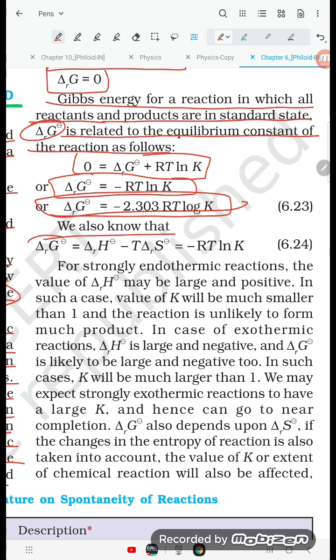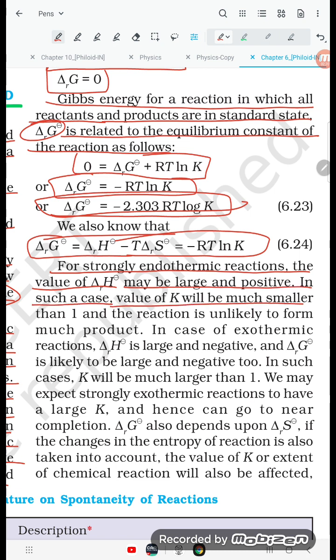We know that delta G naught is equal to delta rH naught minus T delta rS naught, equal to minus RT ln K. For a strongly endothermic reaction, the value of delta rH may be large and positive. In such a case, the value of K will be much smaller than 1 and the reaction is unlikely to form much product.